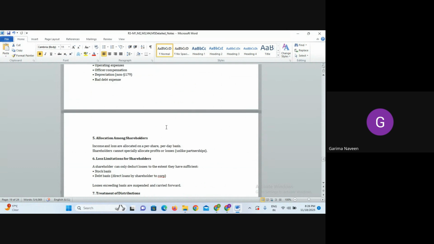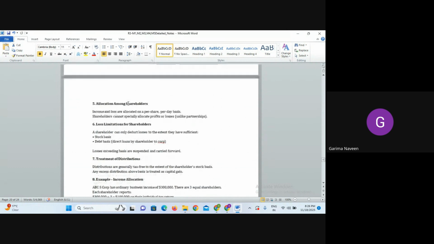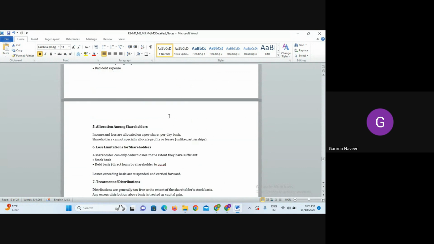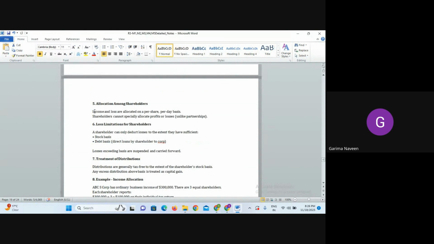Okay. So how can you allocate this income to your shareholders? It is basically the percentage of ownership, and moreover it is allocated on a per share per day basis, because there may be chances that some shareholders have acquired additional ownership in between.